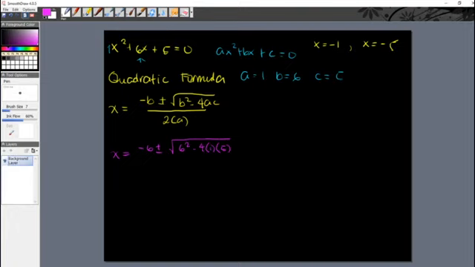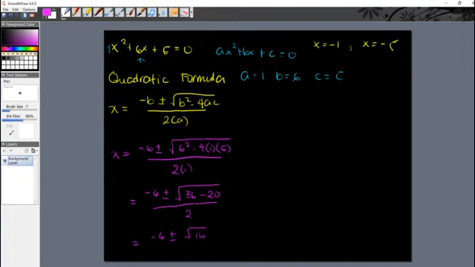And notice that the expression inside the radical is actually the discriminant, over 2 times a. Our a is 1. So let's simplify first the terms inside the radical symbol. This becomes 36 minus 20, right? Over 2 times 1 is just 2, equals negative 6 plus minus the square root of 16, because 36 minus 20 is just 16, over 2.